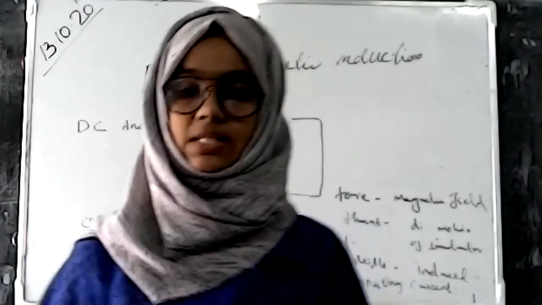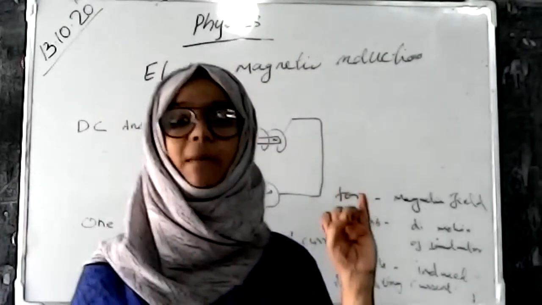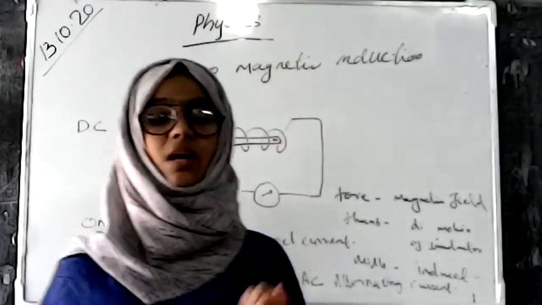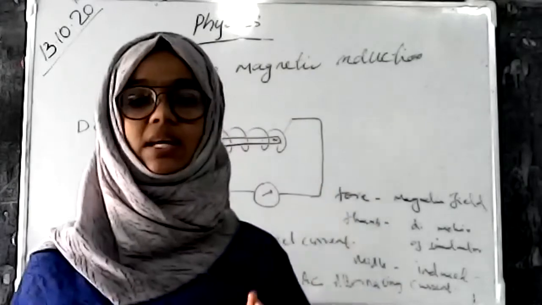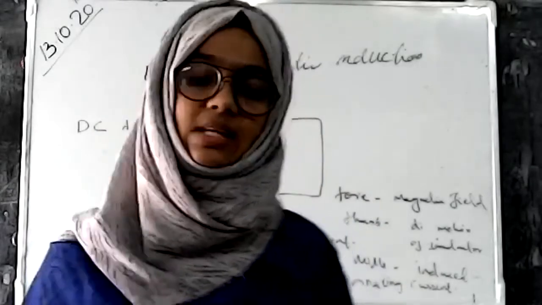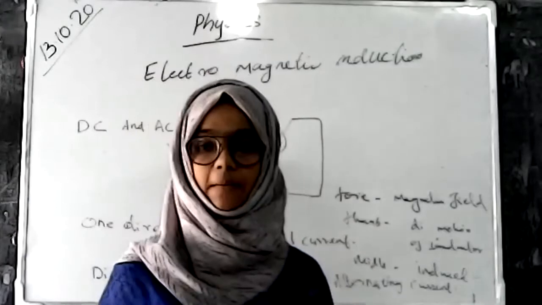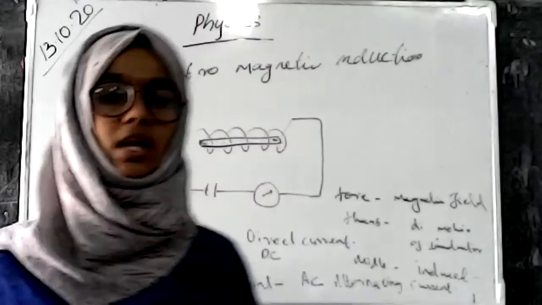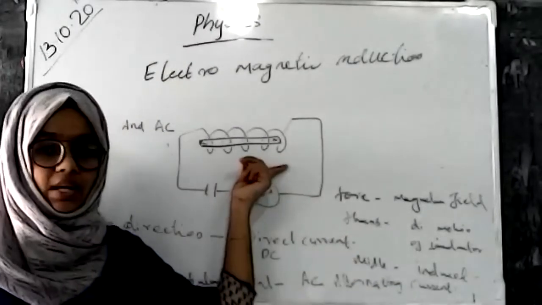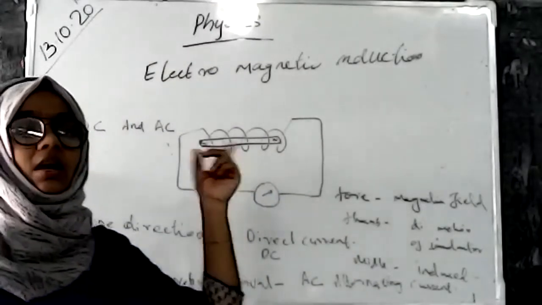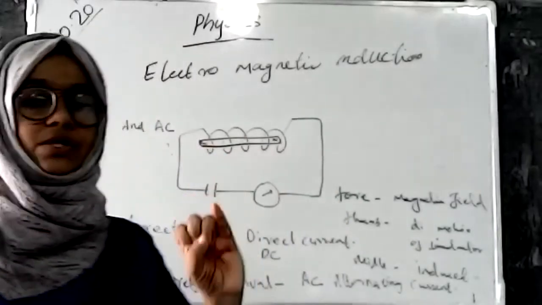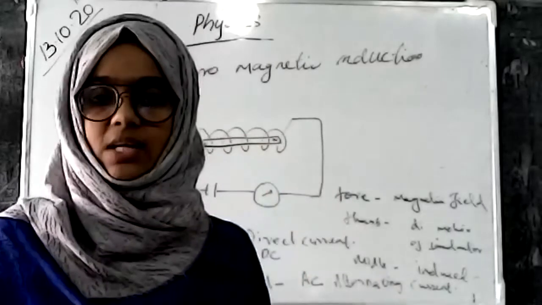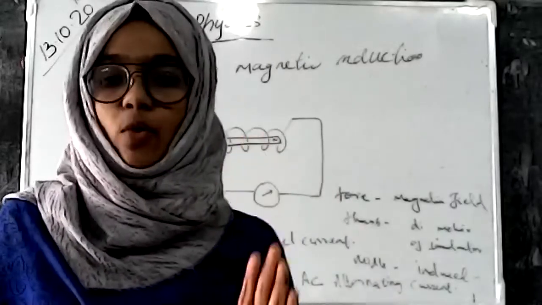So today we are discussing what electromagnetic induction is, what Fleming's right hand rule is, and what direct current DC and alternating current AC are. All of these concepts are based on this figure. In this figure, we are using a solenoid, a straight conductor, that is the bar magnet, a cell and a galvanometer.